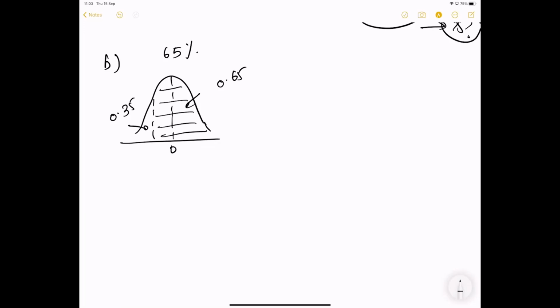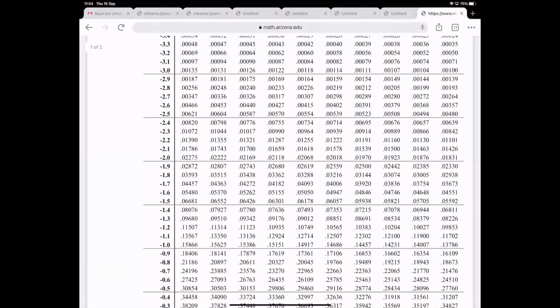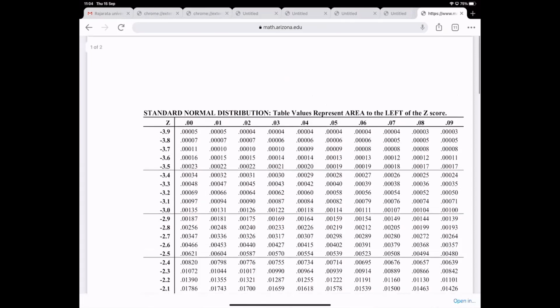So from negative infinity to this point, we can find it using the table. The location of 0.35 is definitely a negative value.